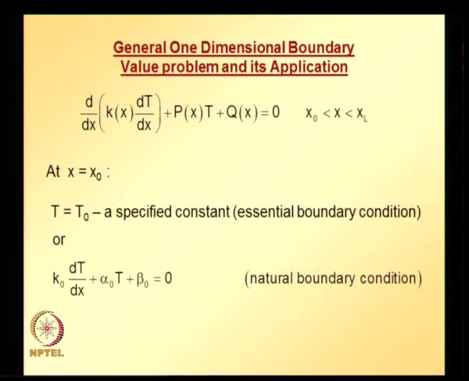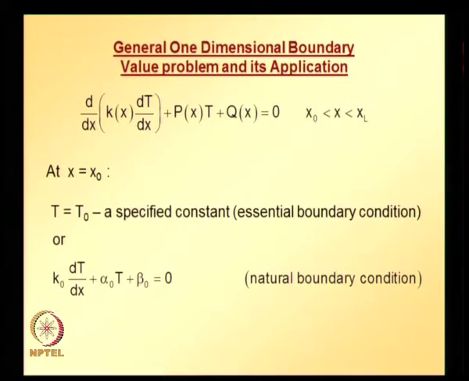If it is a steady state heat flow problem, then T is temperature. In the last class we have looked at the steady state heat conduction problem, and here the boundary conditions can be either essential boundary conditions or natural boundary conditions.